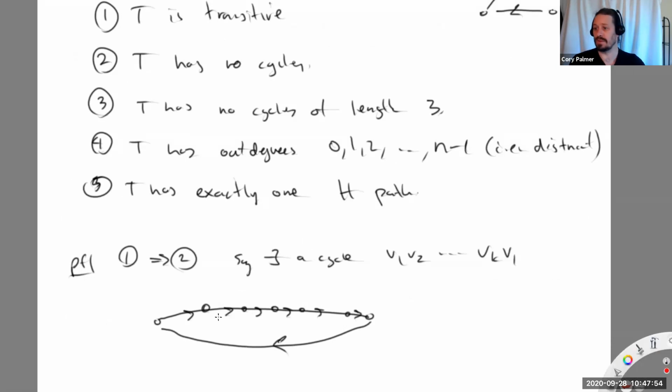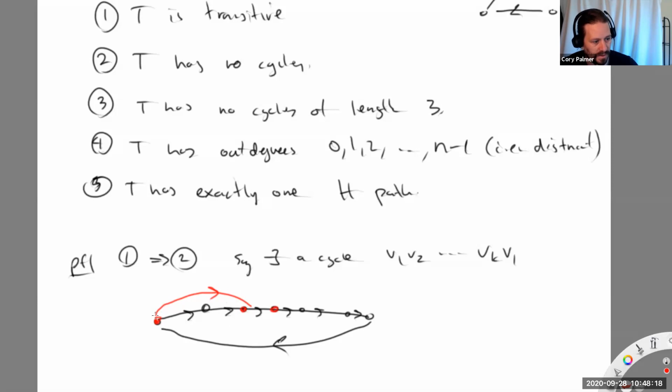So let's prove that transitivity causes a contradiction here. What can I say about the edge between these two vertices? Transitivity says it's got to go forward as well, because this one plus this one implies that one goes forward. And now what about this vertex to this vertex?